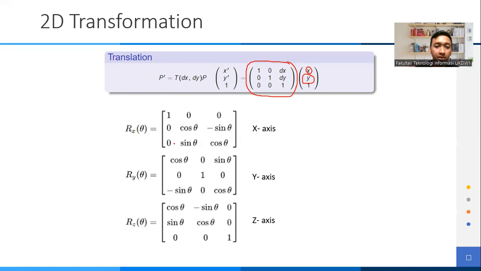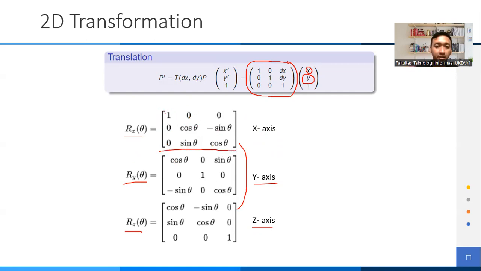And also for the rotation, we have three matrices here. This one is for rotation according to the x-axis. This is the rotation for the y-axis, and this is the rotation for the z-axis. Each axis has a different transformation matrix.